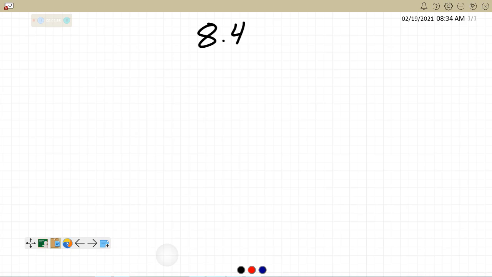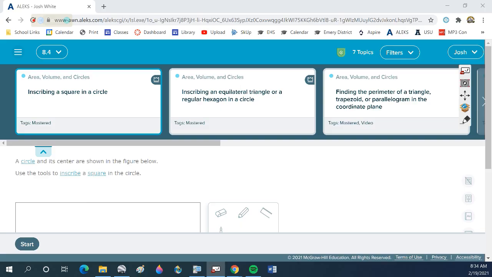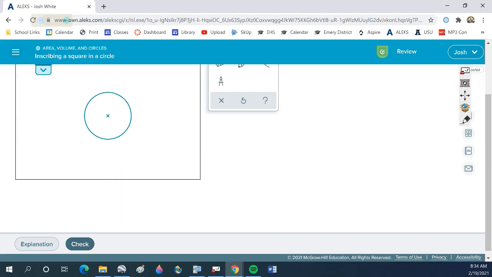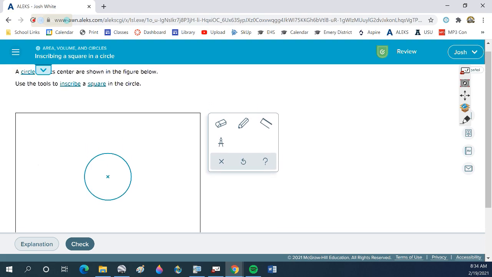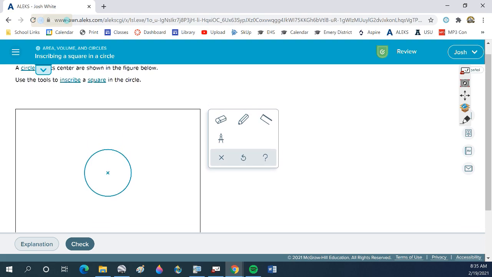Let's take a look at what you'll be doing. Okay, so this says we want to inscribe a square in the circle. Inscribe means we want to draw a square inside the circle, and not like this.